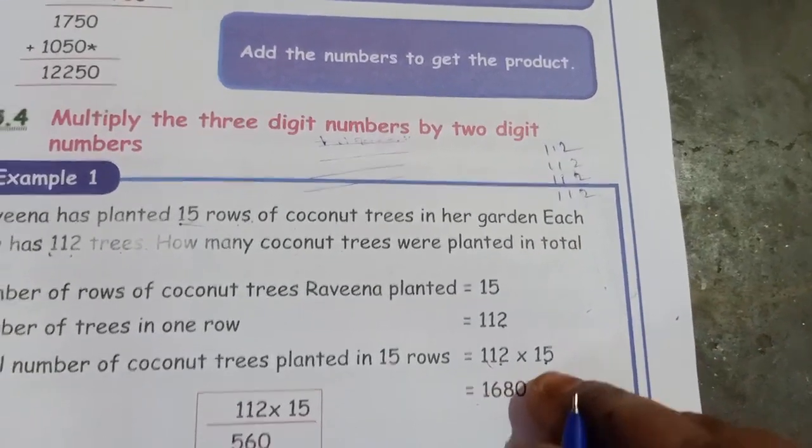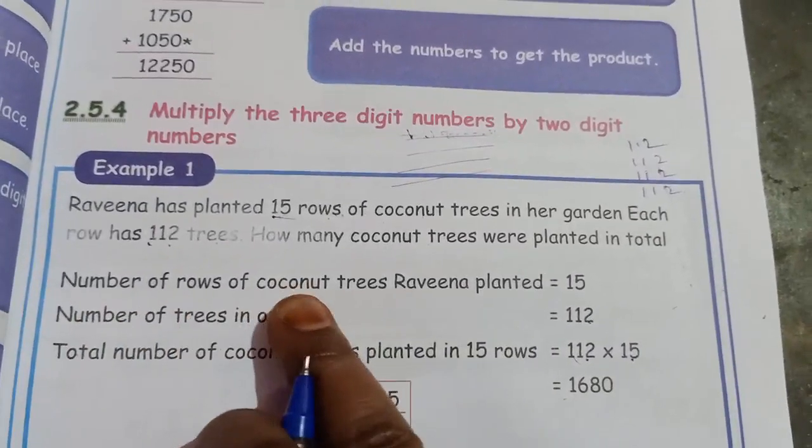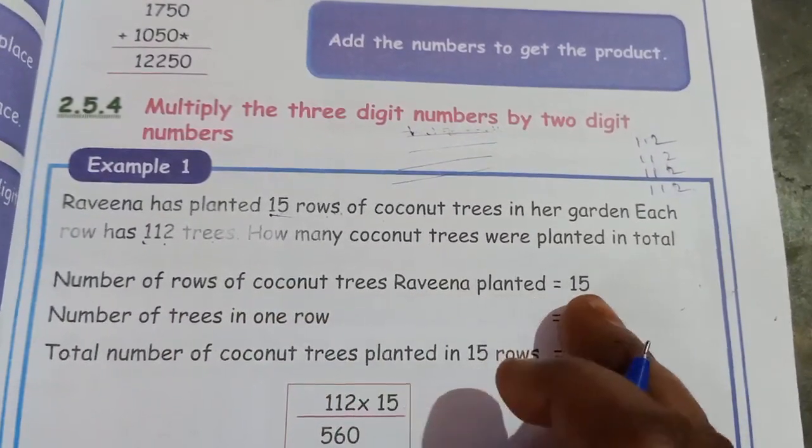Okay ma, so number of rows of coconut trees Ravina planted: 15 rows.